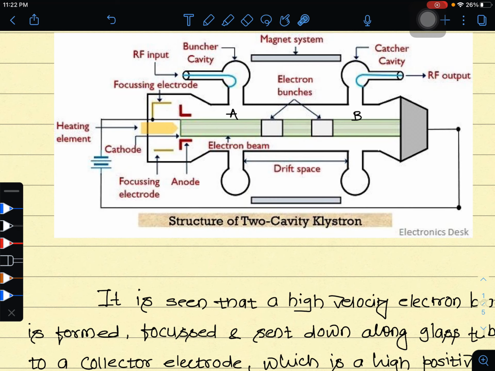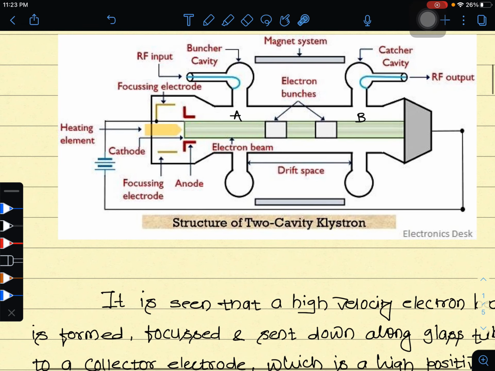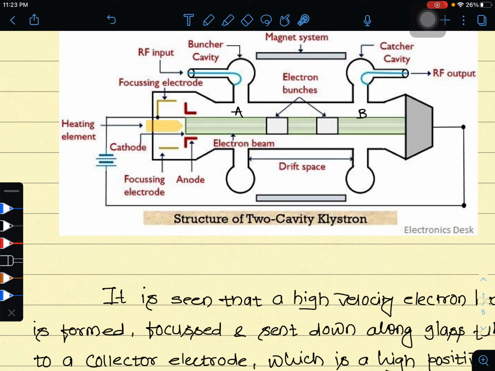Under those conditions, the oscillations will be excited in the second cavity. When all the functions go well, the oscillations of the electrons excited in the second cavity are much more powerful than in the buncher cavity. That means we get a large output.